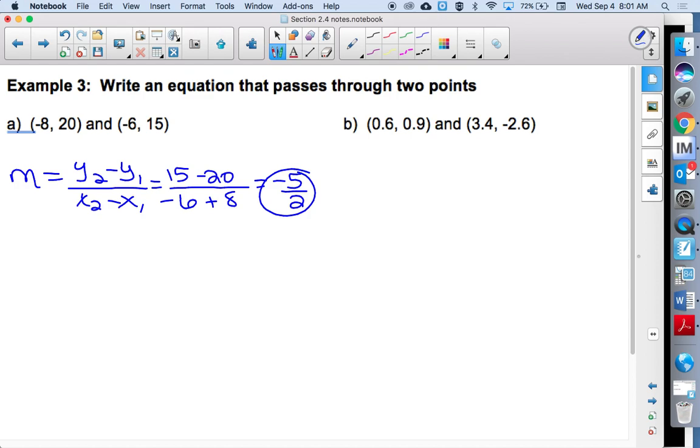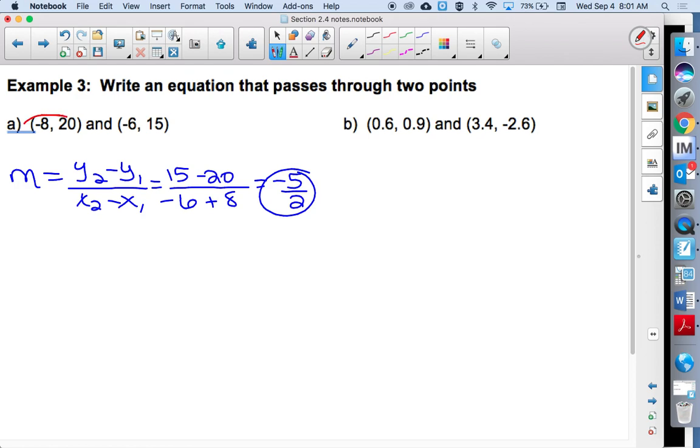Josh? Yeah, so we're going to plug it into point slope form. Does it matter which point you pick? No. Choose the point that looks better to you. So maybe you like the point because the numbers are smaller, or you always just use the first ordered pair. But you can use either one of those points to write the equation of the line.